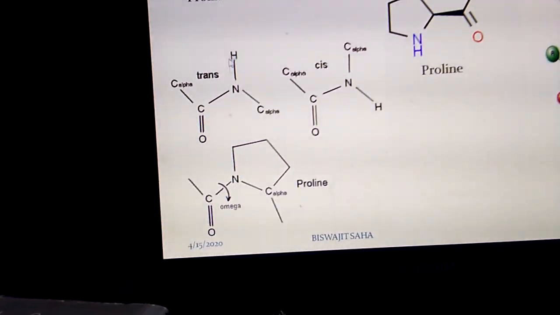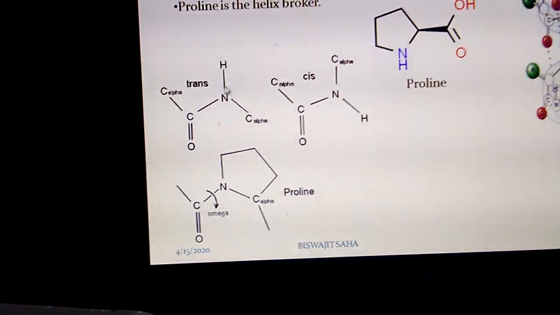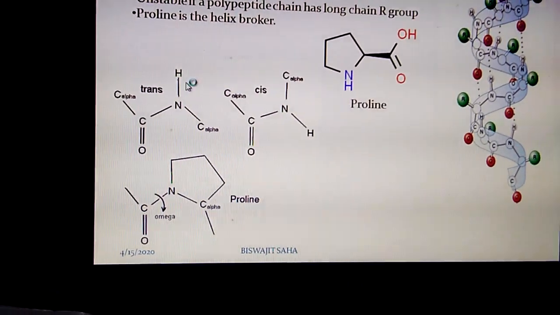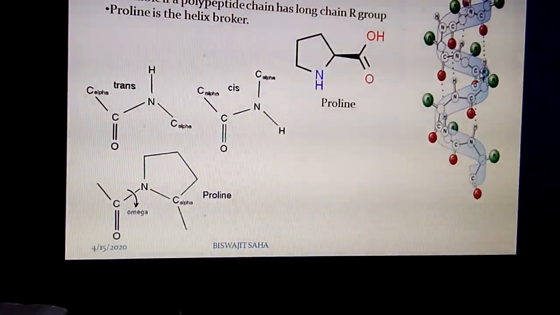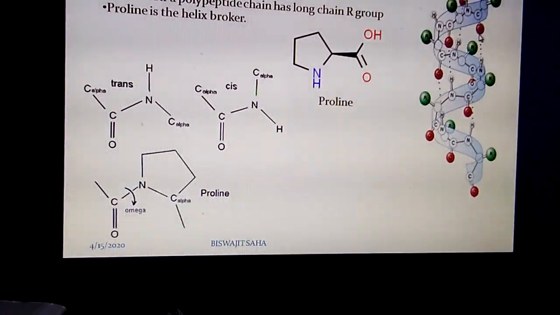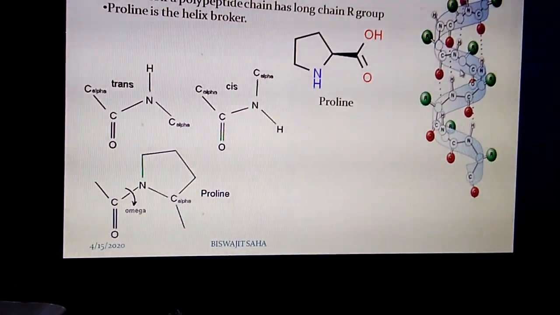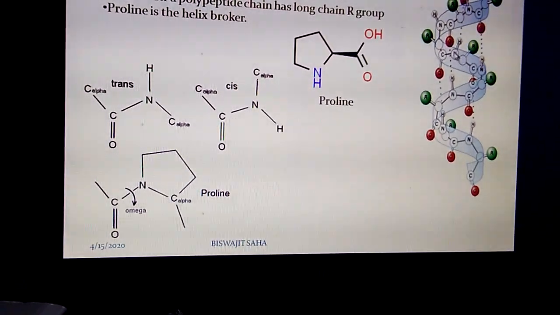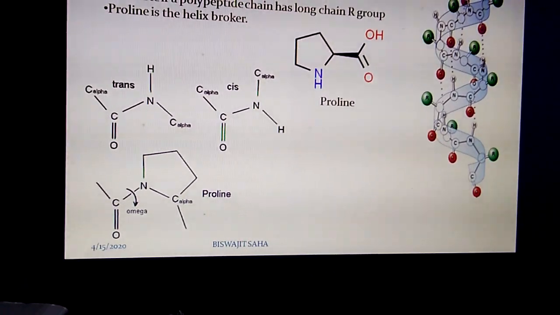So only one NH group is present. That NH group can get hydrogen bonded with the CO group. This is the point: if an NH group is present, it can form a hydrogen bond with the CO group, so that they can form the alpha helical structure.